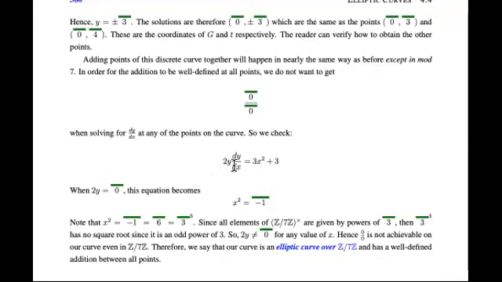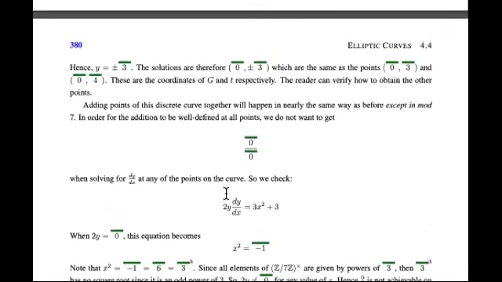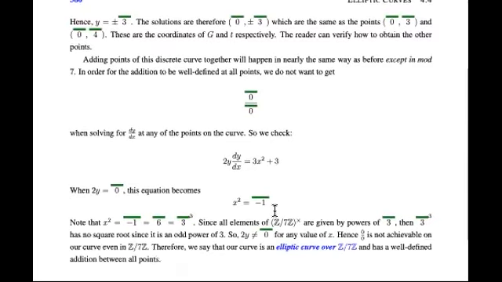Then we think, what happens when this part is 0 bar? Well, if this part is 0 bar, then we would end up getting 3x squared plus 3, which would mean x squared is equal to -1 bar.